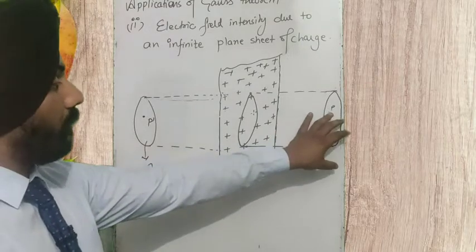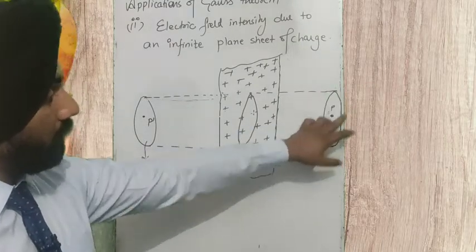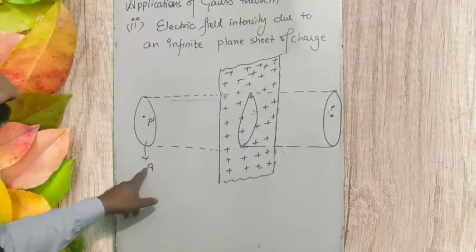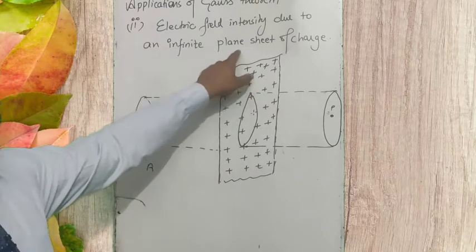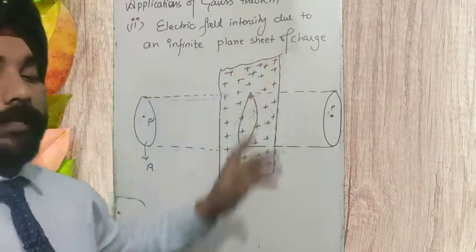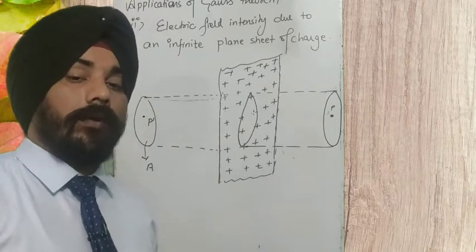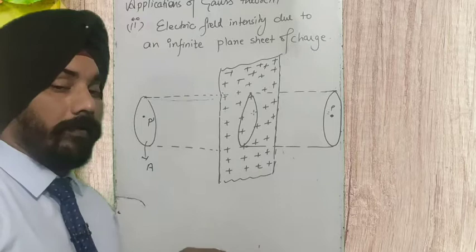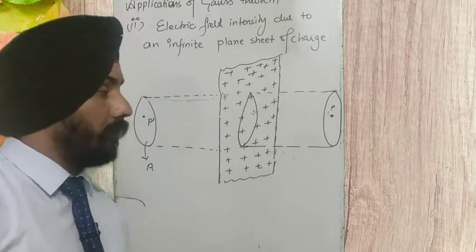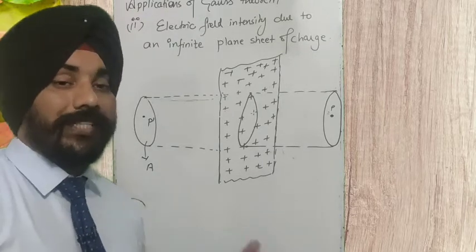So the area of cross section of this portion is capital A, and we have given the charge Q to this sheet, and the charge is going to distribute over the surface of this sheet. So we need another kind of charge density, which we call surface charge density.